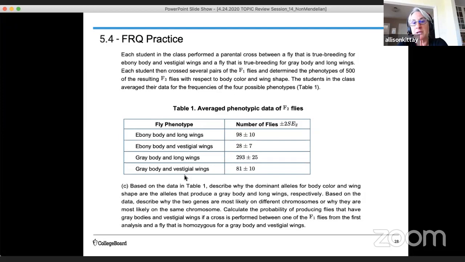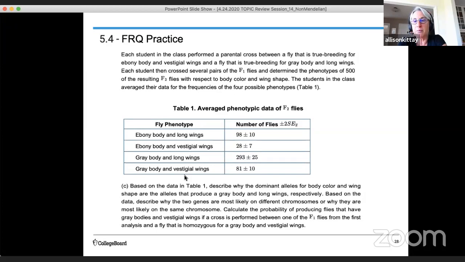Then the student crossed several pairs of F1 flies and determined the phenotypes of 500 of the resulting F2 flies with respect to body color and wing shape. The students in the class averaged their data for the frequencies of the 4 possible phenotypes. And when I'm going through this, I want you to be thinking about why it's important to have those numbers, and think about Mendel and what his great contribution to the study of genetics was.